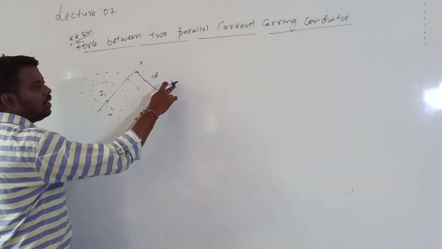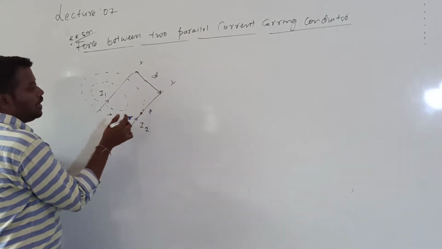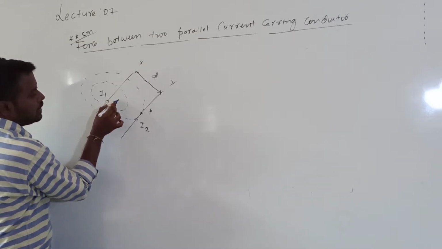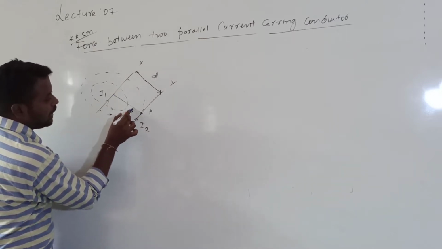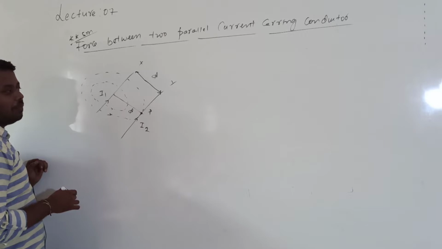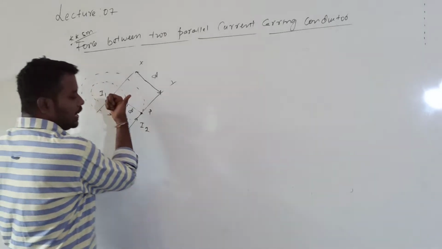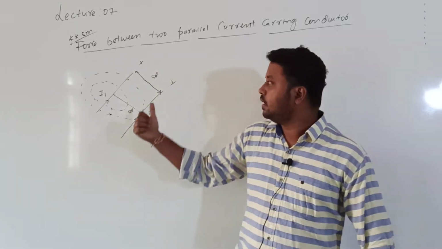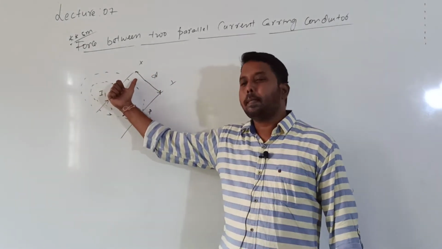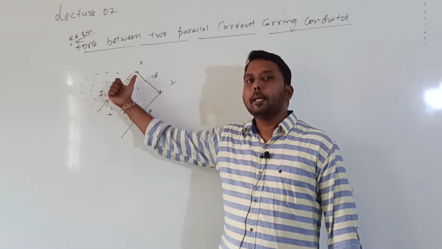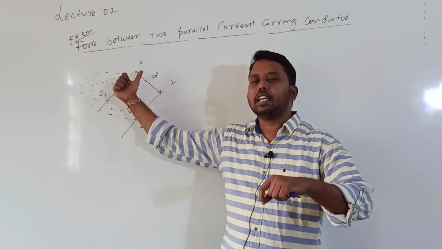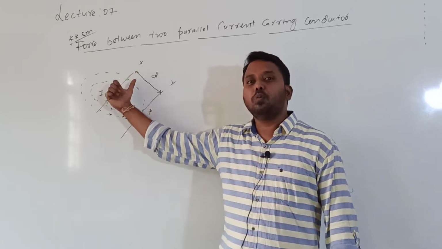Where does the point P lie? Point P lies on conductor Y. What is the distance of the point P? The distance of the point P is exactly d. Clear? By Maxwell's Kirchhoff's rule, when you hold a current carrying conductor in your right hand, the magnetic field below is perpendicular to the plane, perpendicular to the current carrying conductor and passing inward.